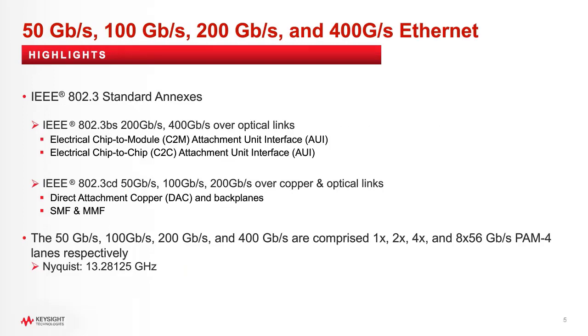The next slide shows IEEE 802.3 standard annexes. 802.3bs provides the physical layer specifications which support 200 and 400 gig over optical links, and there are annexes for C2M, which stands for chip-to-module, and C2C, which stands for chip-to-chip AUI. Similarly, 802.3cd provides the physical layer specifications which support 50, 100, and 200 gig over copper and optical links.